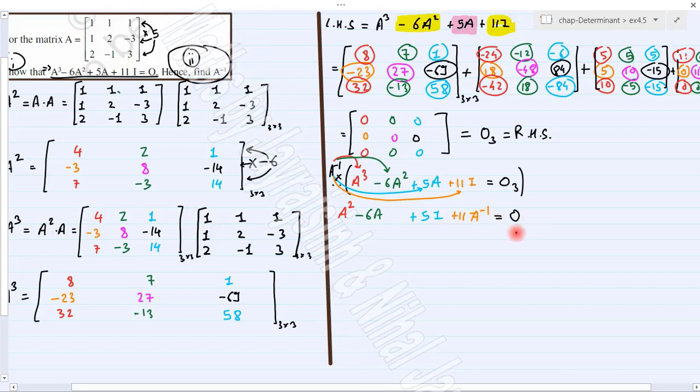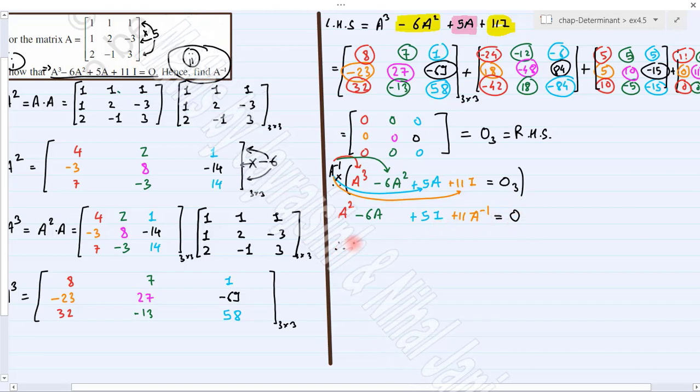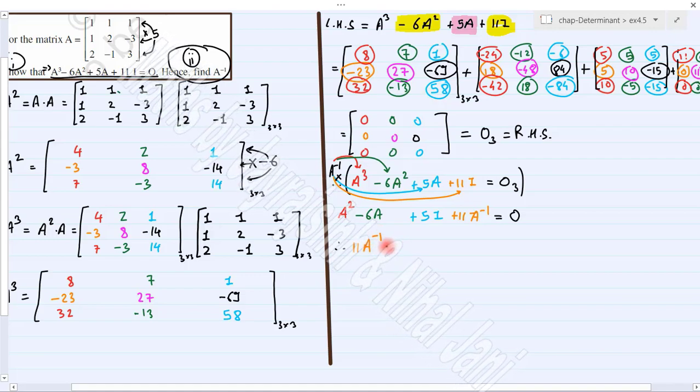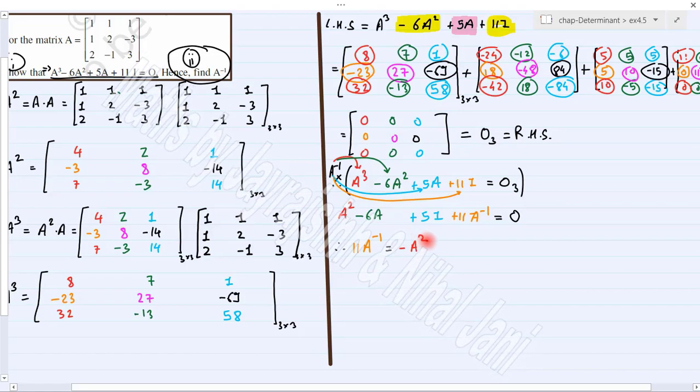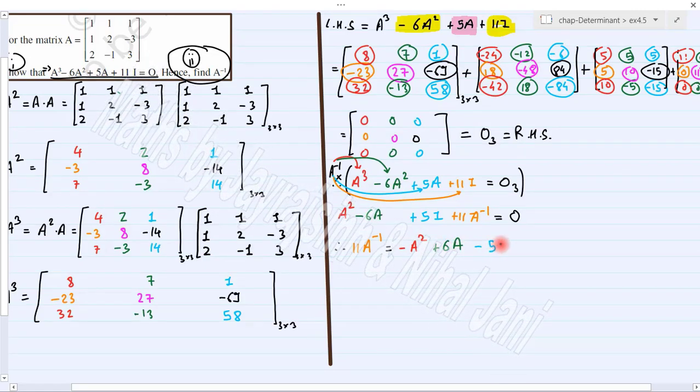And on right hand side we have 0 matrix, so we don't have to worry about it. So from this equation, if we make 11A inverse the subject, we will get minus A square plus 6A minus 5I.